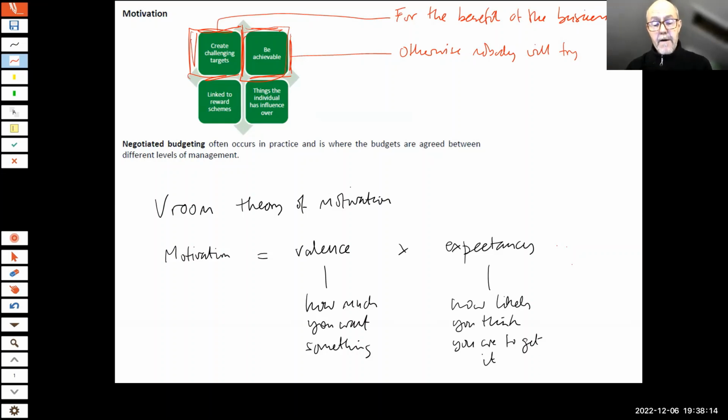Now, we've said about controllable and uncontrollable items. And here is where these two items, I don't know if these are the right way around, really. To improve our valence, we can link a budget to reward schemes, which might be a bonus. I don't know about you.